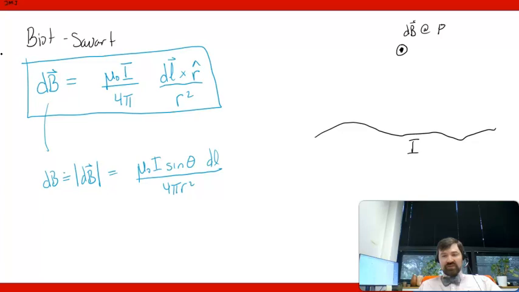So we have current running through this wire, and within this wire we want to figure out the field due to current in this location right here.